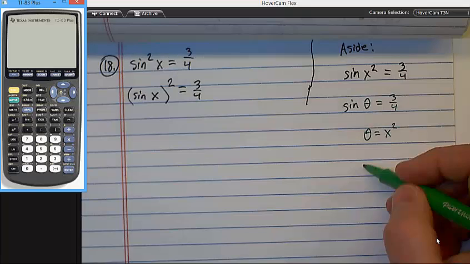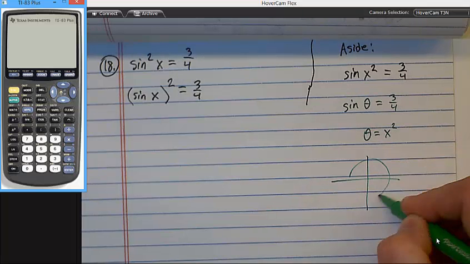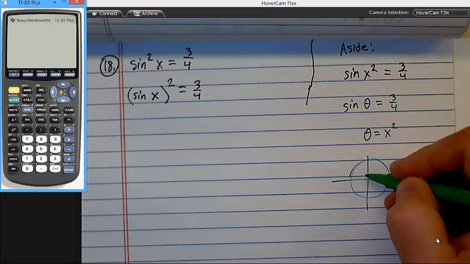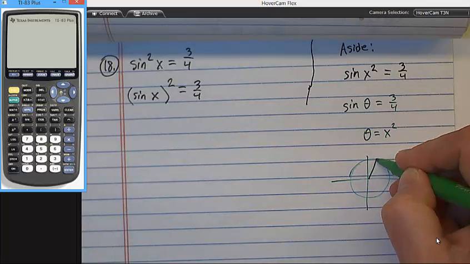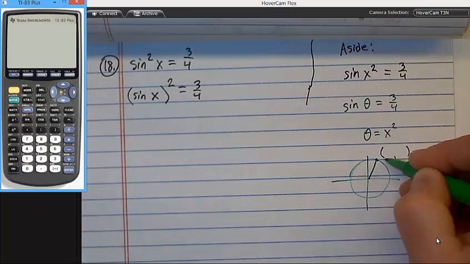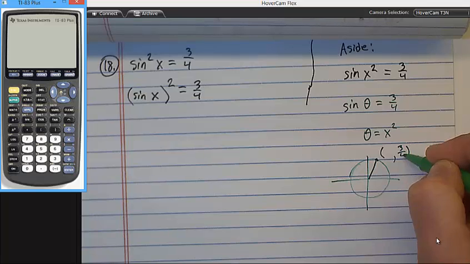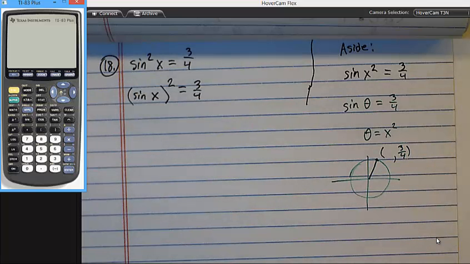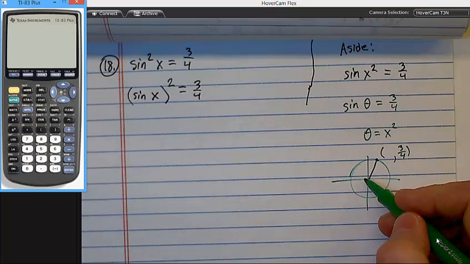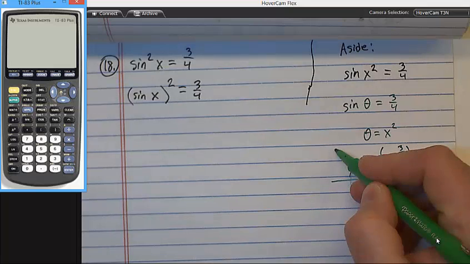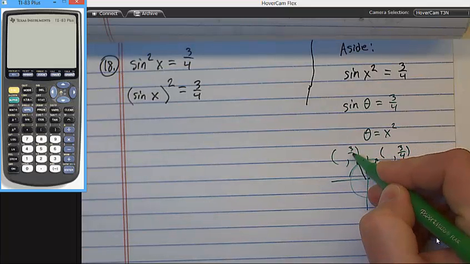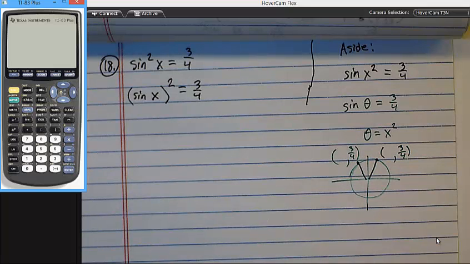And I would draw a picture, and I would look for a place, an angle, where I don't know what the x-coordinate would be, but I would want the y-coordinate to be 3/4. Are you guys with me on that? And do you understand there would actually be two places where that happens? Because there would be another place over here where the sine of theta is 3/4. Who's with me so far?